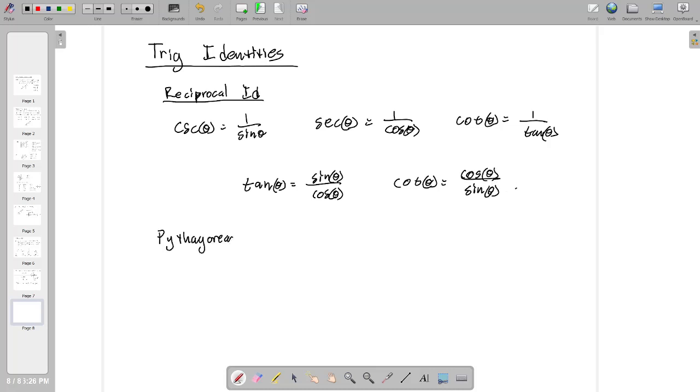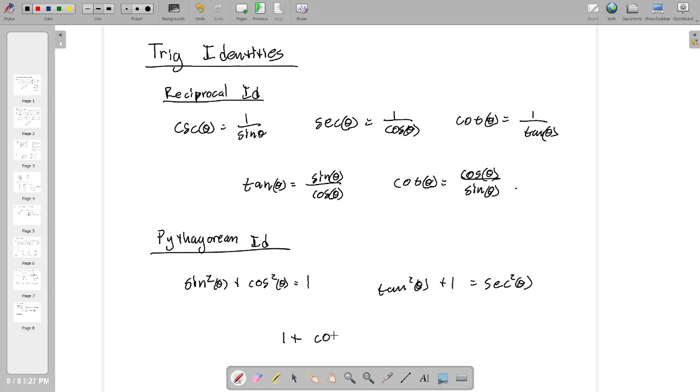The Pythagorean identities, as you might remember: sine squared theta plus cosine squared theta is equal to 1. Tangent squared theta plus 1 is equal to secant squared theta. And 1 plus cotangent squared theta is equal to cosecant squared theta.